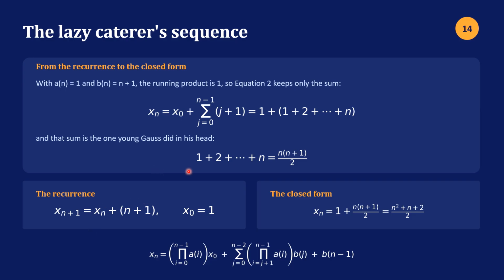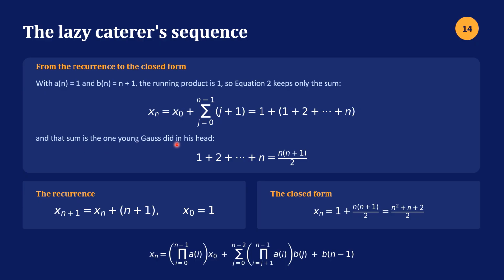It's pretty easy to solve. I put our general equation down here, but a is just 1. So this part of it is 1 times x0. And then here we just have 1 times bj, but if you start at 0, it would be 1 all the way up to n minus 2, which would give us n minus 1, and then b of n minus 1 is n, so you get this here.